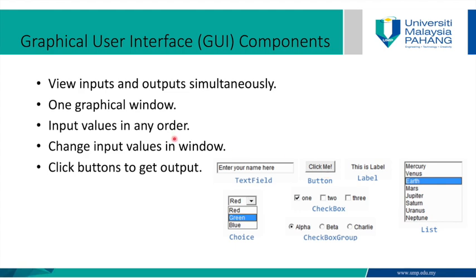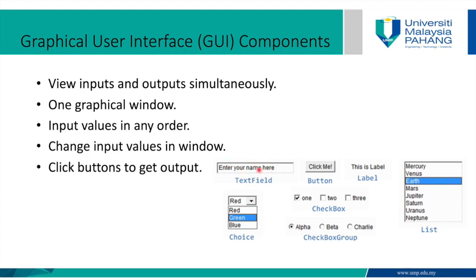So in GUI components, you have to remember 5 things when you are creating your GUI. Your GUI must be able to do all these things. First, it must have the ability to view inputs and outputs simultaneously, and then it must have one graphical window, and then it can input values in any order.